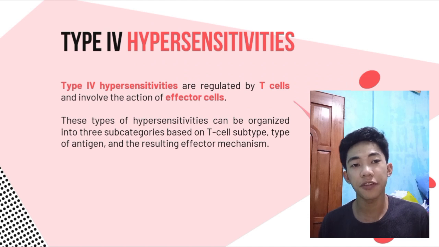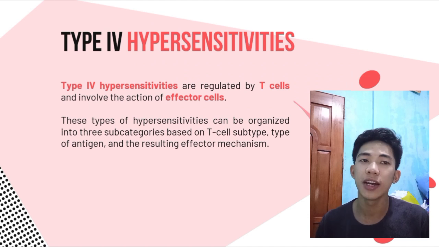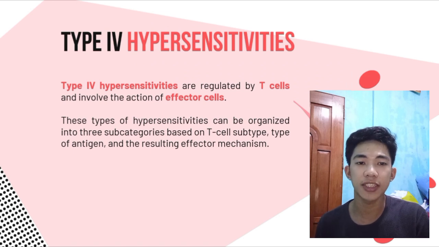So we can think of effector cells as the soldiers. So T cells are the commanders, while effector cells are the soldiers of the immune response. These types of hypersensitivities can be organized into three subcategories based on T cell subtype, type of antigen, and resulting effector mechanism.